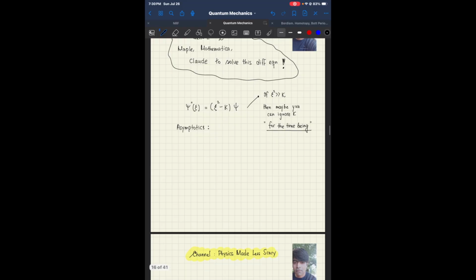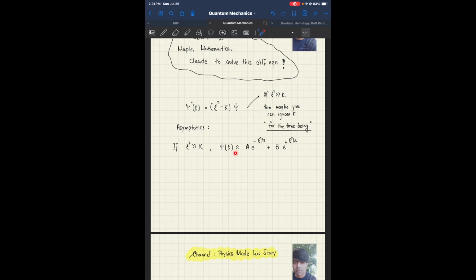Okay, so your psi, imagine you're doing that. Imagine if xi square is much bigger than k, then your psi, you can check this, behaves like a constant times a damping factor plus another constant times a blowing up factor.